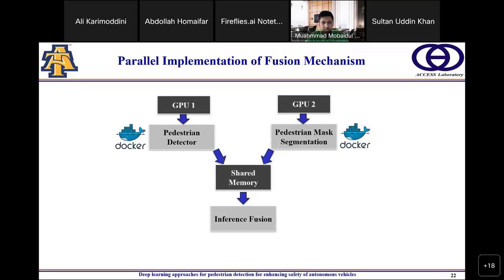In one process, we implement the pedestrian detection branch, while in another process, we implement the pedestrian mask segmentation branch. Each of these processes is implemented using a separate Docker container and a discrete GPU. We, however, use shared memory to fuse the output of these branches, and we use a timestamp to make sure that the frames are synchronized.